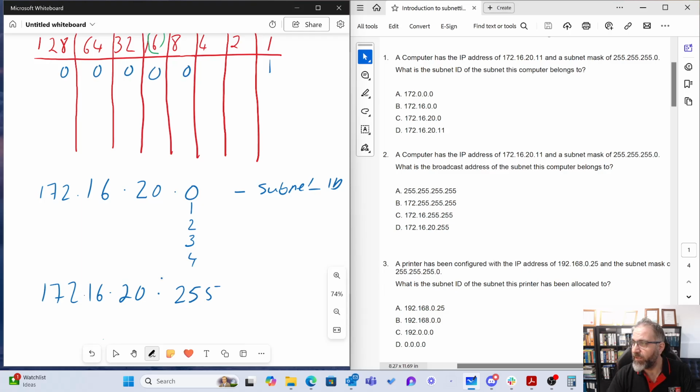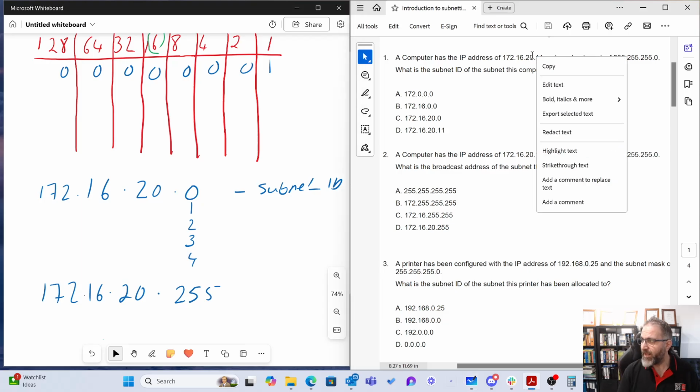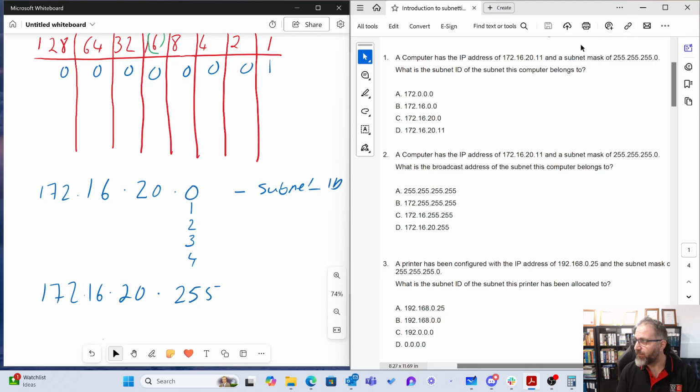So now we're looking at the last octet. Now we are looking at that 11. See that 11 there on the top? Now we care about it.